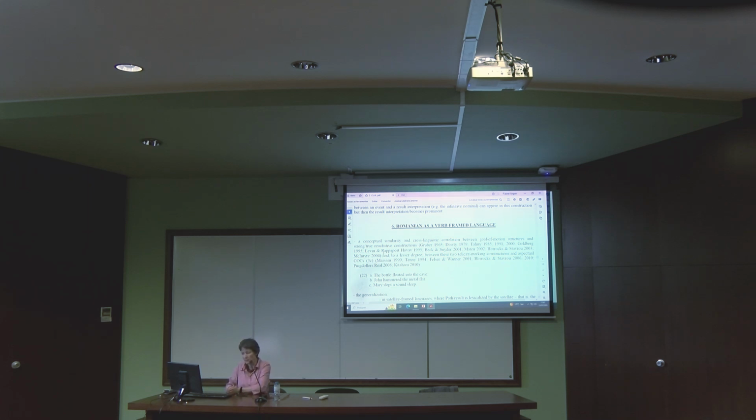In all these cases, we have an atelic verb combining with a sentence final predicate or PP or cognate object construction, and it is this satellite, this element outside the verb, which gives rise to a telic interpretation. It's not the verb. In the literature, Romanian and Romance languages are called verb-framed languages.